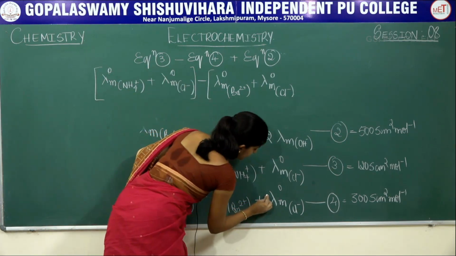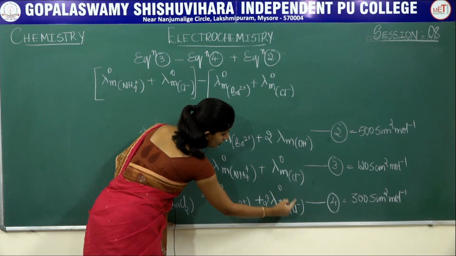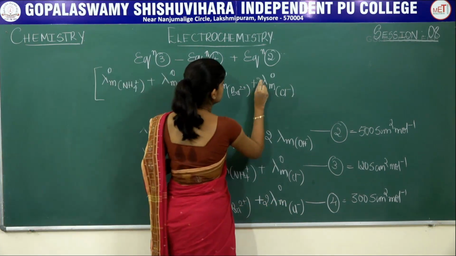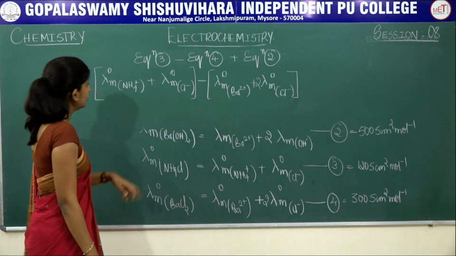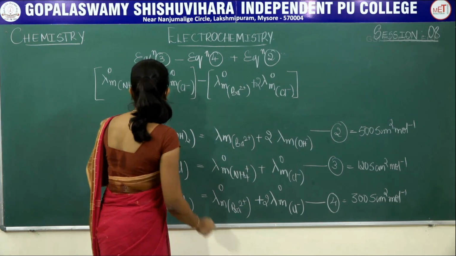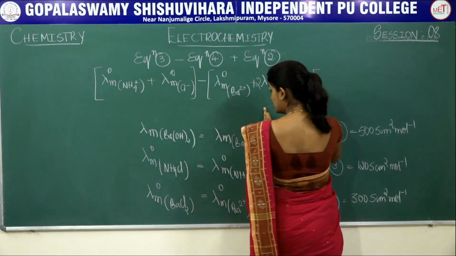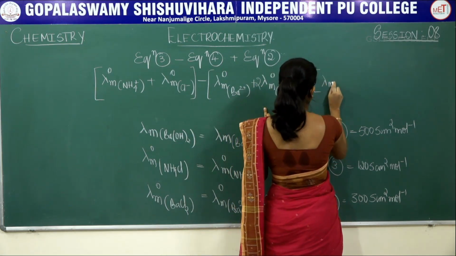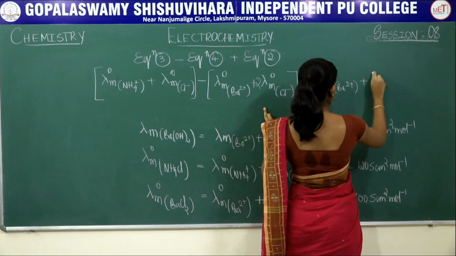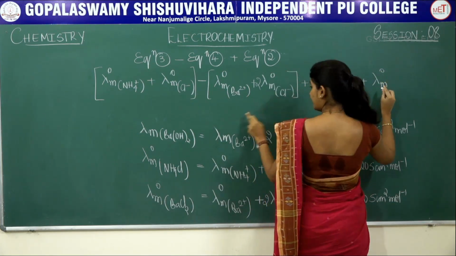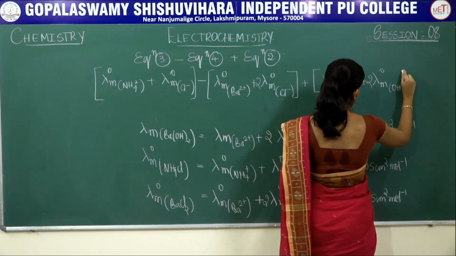Sorry, here you have to multiply it by 2 because BaCl2 has twice, so 2 into lambda m naught of Cl minus. Then is equation 2. So plus equation 2 is lambda m naught of Ba2 plus, plus 2 into lambda m naught of OH minus.